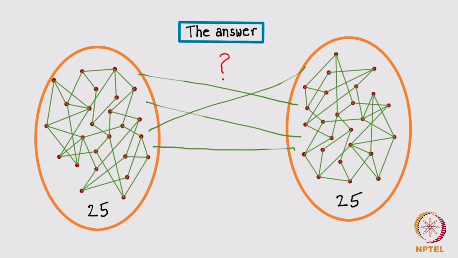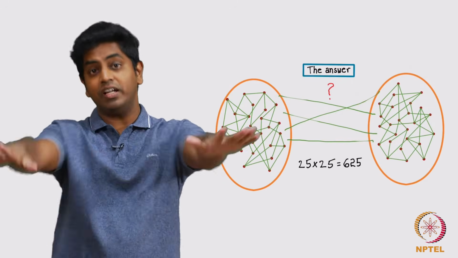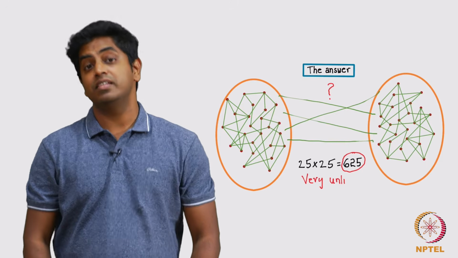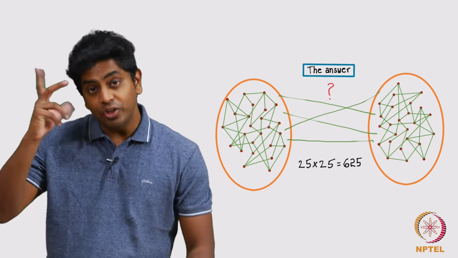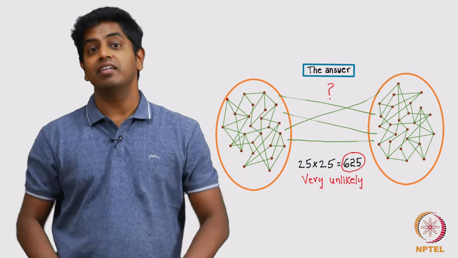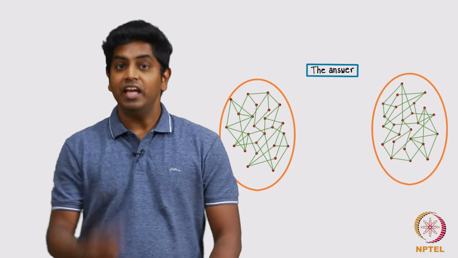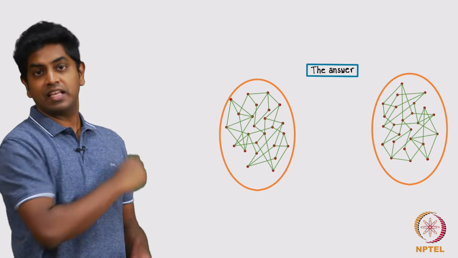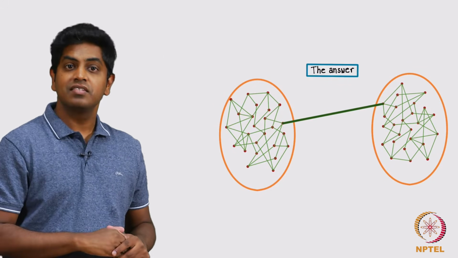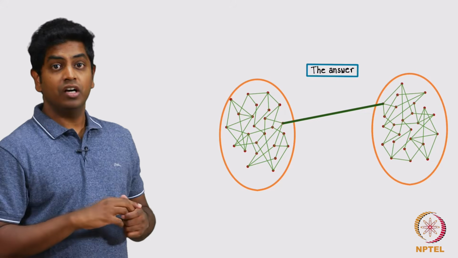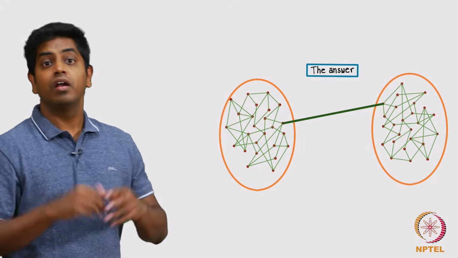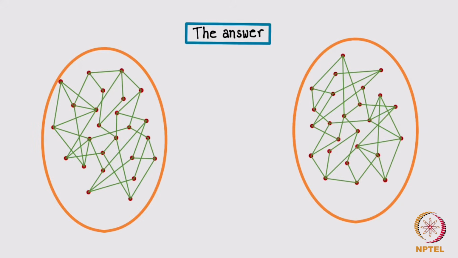So what do you observe? There were roughly 25 into 25 possible friendships here. That did not happen. How likely is this? Intuitively, very unlikely. By that I mean, even if one person on this side had a friend on that side over, the graph wouldn't look like this.